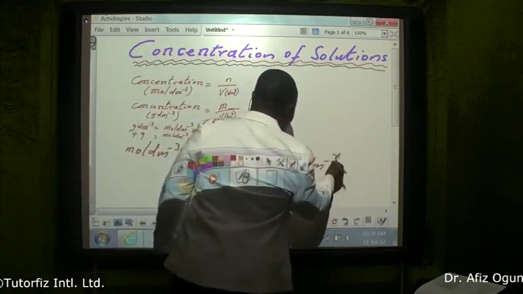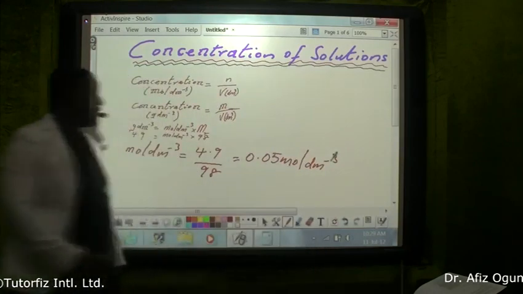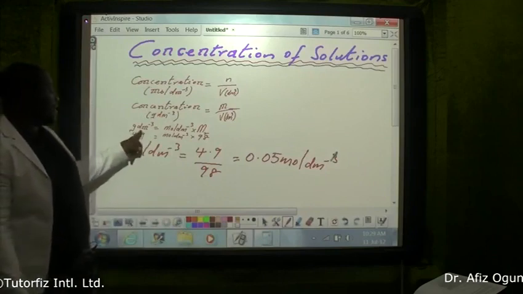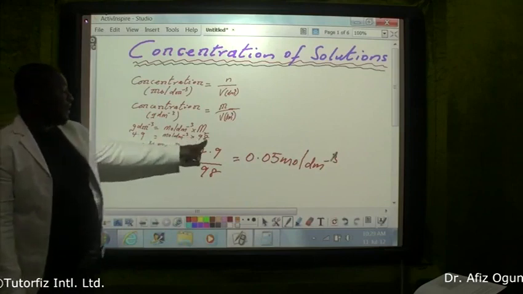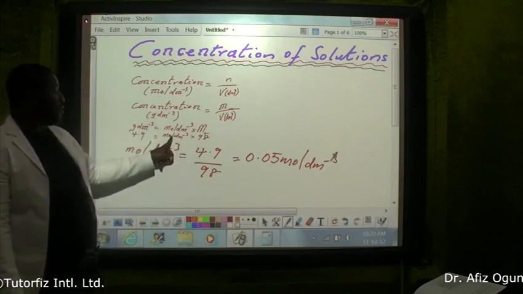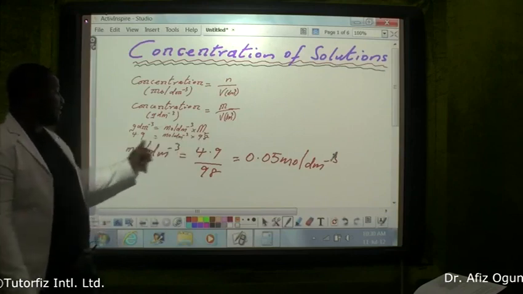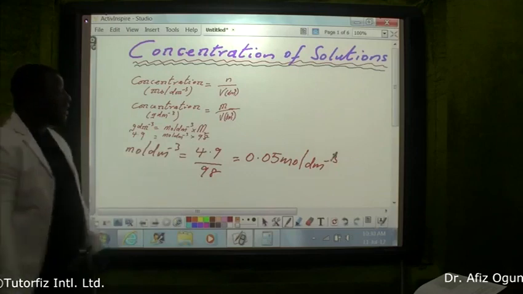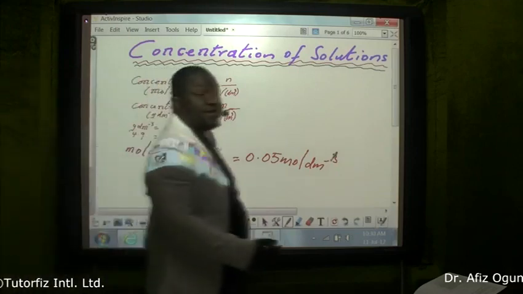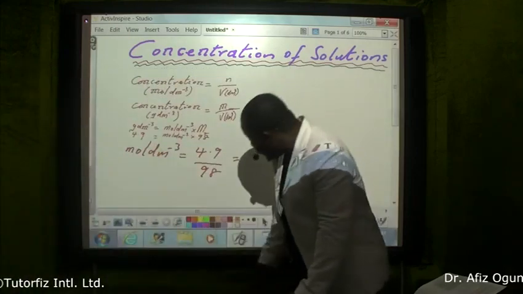You can see how easy it is. So 4.9 gram per dm cube of H2SO4 is mole per dm cube multiplied by 98, and I'm looking for concentration in mole per dm cube. I bring 98 under this. If this multiplied by this is this, then this divided by that will be that. Very easy. It's not difficult at all.